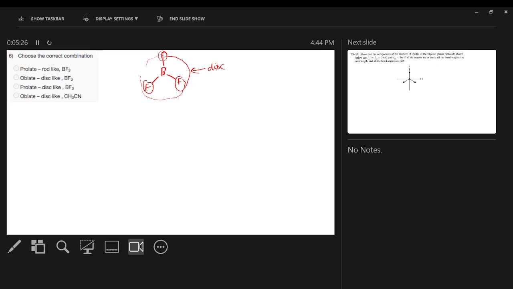And we saw that CH3CN is like CN and hydrogen, with mass mostly concentrated along the axis, like a rod.